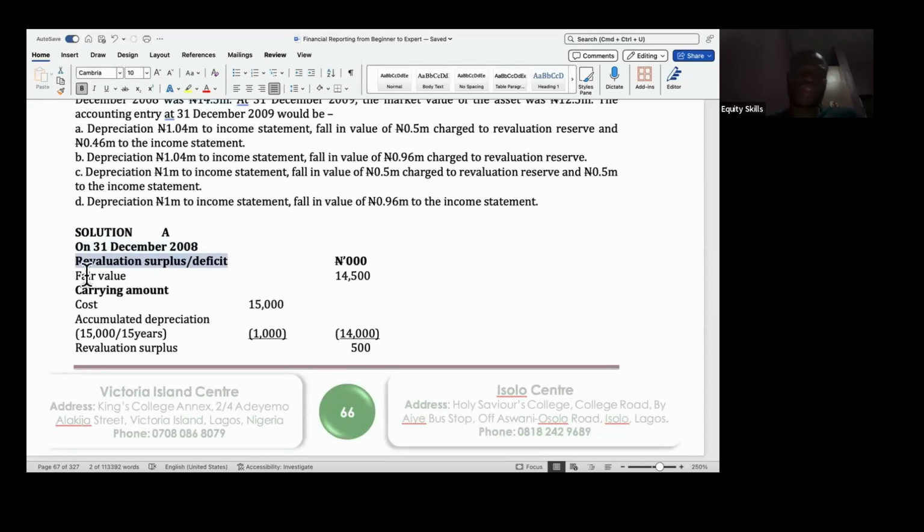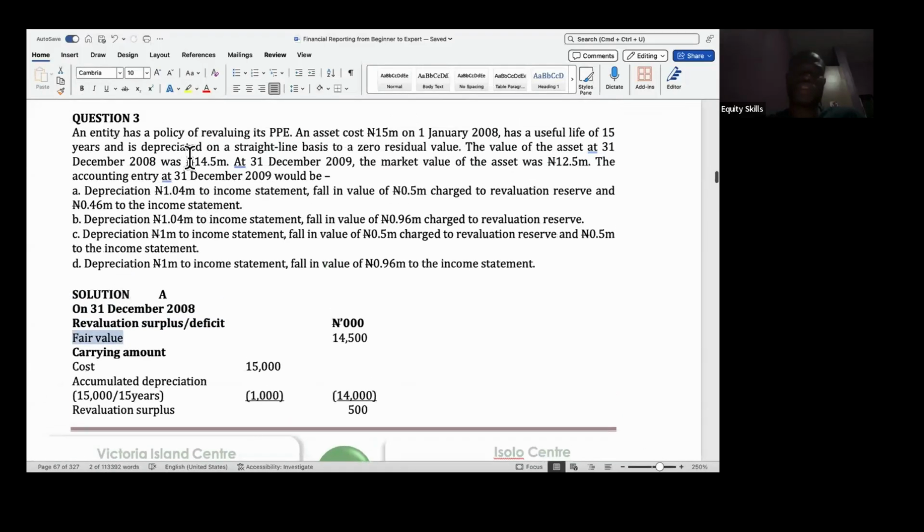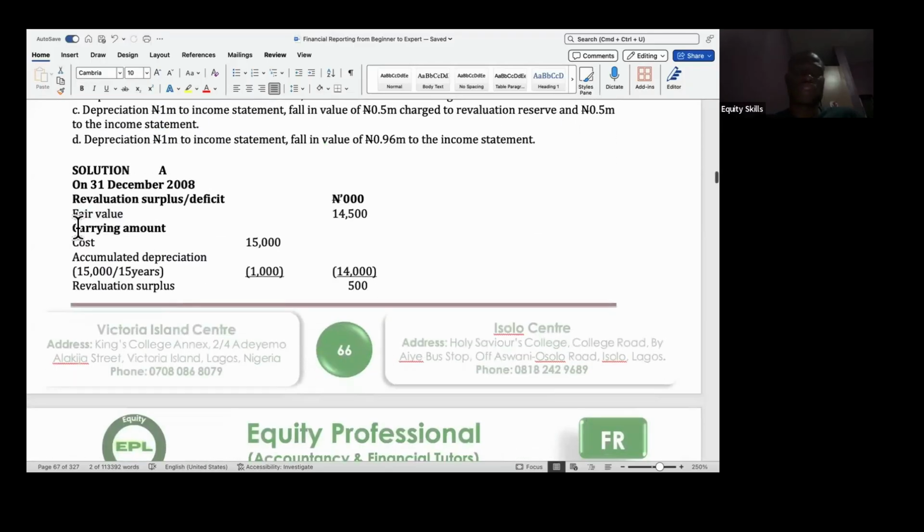And the way we do that is we compare the fair value, which in this case was 14.5 million, with the carrying amount of the asset, and that is happening at the date of revaluation.